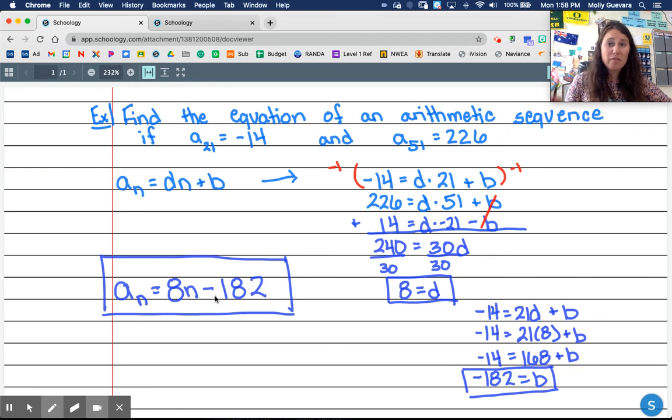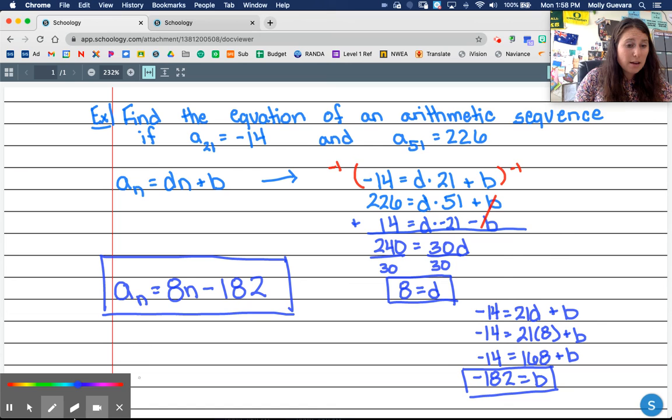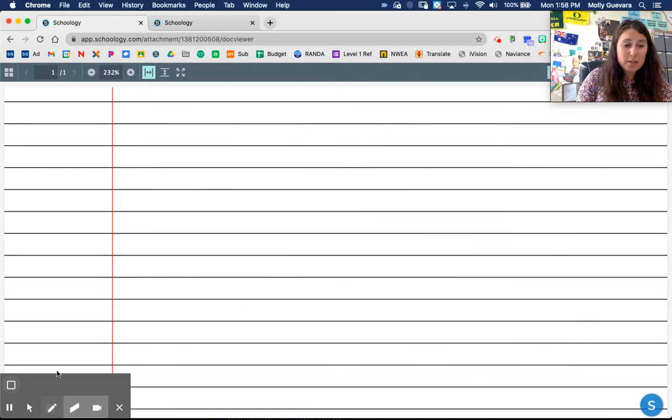For geometric, we've kind of actually already gone over it in our geometric sequence notes. If you haven't watched that, make sure you go do that. So let's look again just at one more example of that.